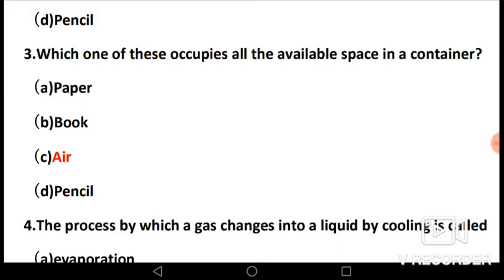Here option A, B and D are examples of solids. But option C, air, is an example of gas. Because gases are substances in which the particles are very loosely packed and they too have no fixed shape. And unlike liquids, they also occupy all the available space in a container.